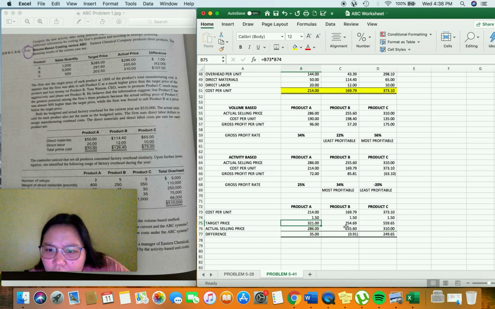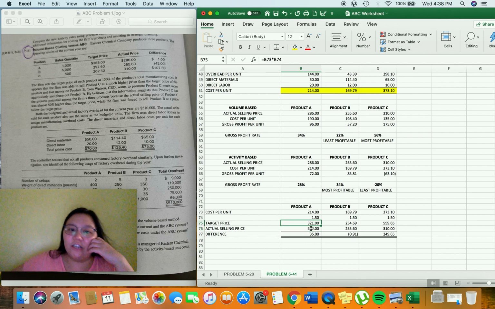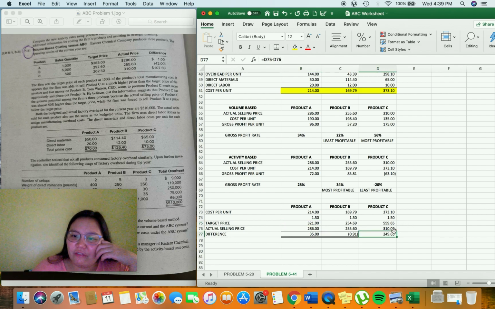Pagdating kay products A and C, 'di ba? A and C, the actual selling price is lower than the target price set by the company. Lalo naman si product C, there is a very big difference, 249.65.